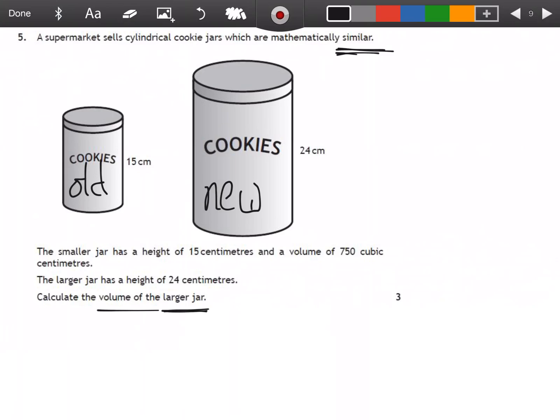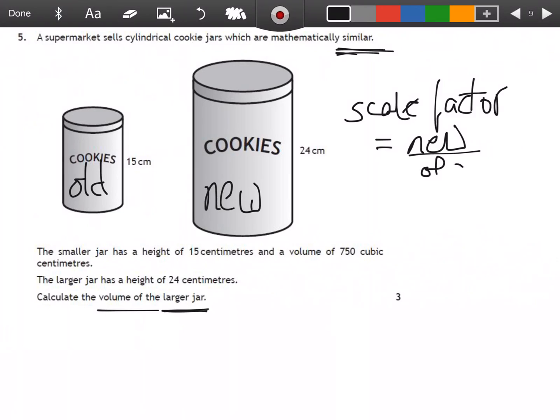Now, in any similar figures question, we work out the scale factor. To find the scale factor, we do the new divided by the old. So, get a couple of matching sides. The height of the wee one is 15, and the height of the big one is 24.